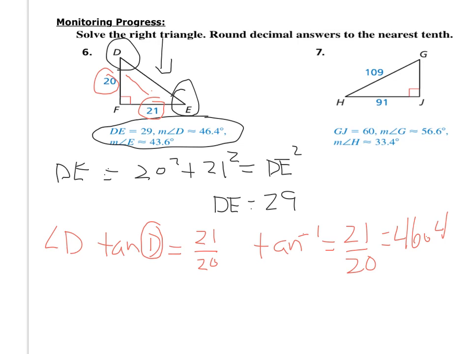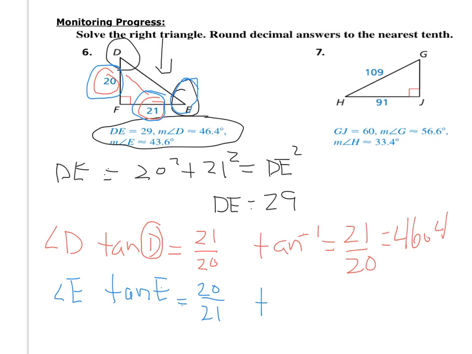Then, going to blue, they found angle E. So then they found this angle here. They still used these two parts over here, so it's still the two legs, which means it was the tangent of angle E. Now, since I switched angles, didn't it switch which leg was which? 20 is the opposite leg, and 21 is the adjacent leg.